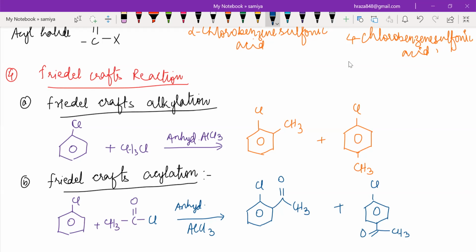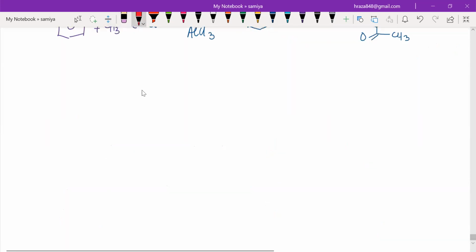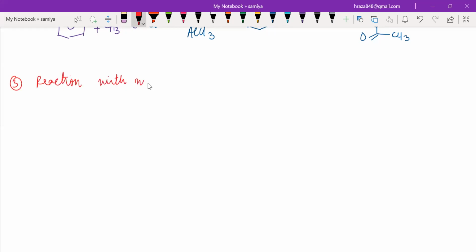Okay. Now the next chemical property of haloarenes, the third chemical reaction of haloarenes, is reaction with metals. The first reaction with metal is known as Wurtz-Fittig reaction.